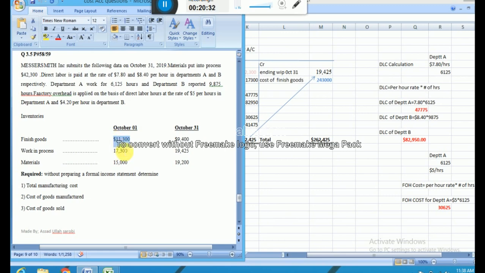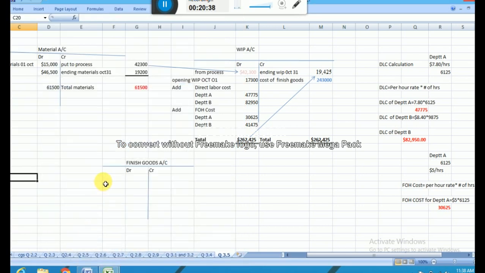That's why we record it as the October 1st inventory of finished goods. So here we will write opening finished goods, meaning on October 1st.